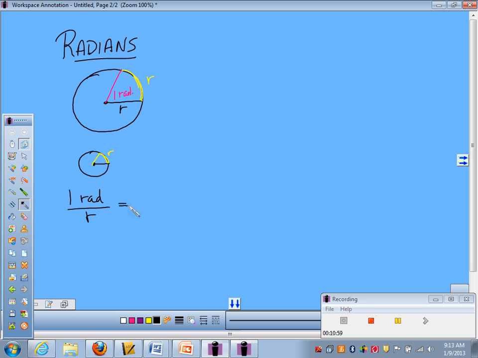What's another length we know along the edge of a circle? You know circumference, don't we? How many degrees is the angle if you're talking about the circumference of a circle? 360 degrees. So we know that 360 degrees is the same thing as the circumference, which is 2 pi r. So we have that proportional relationship. We can do this ratio.